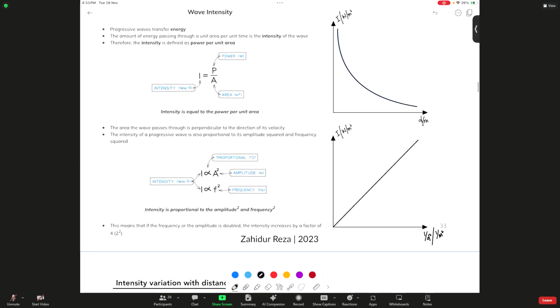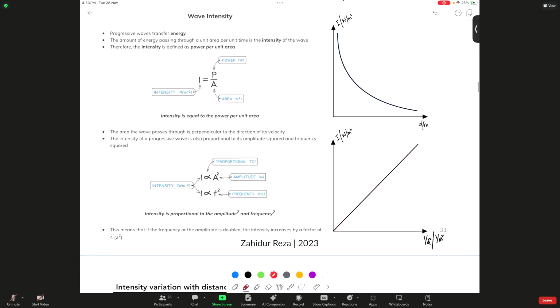Right. So before I move on, I hope you have the graphs copied. Okay. So these are the two graphs out there. One is the inverse squared law graph.